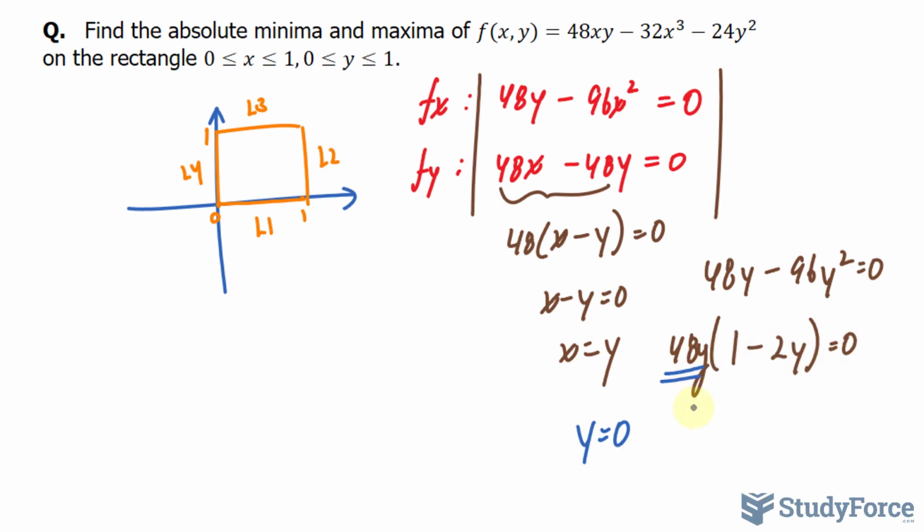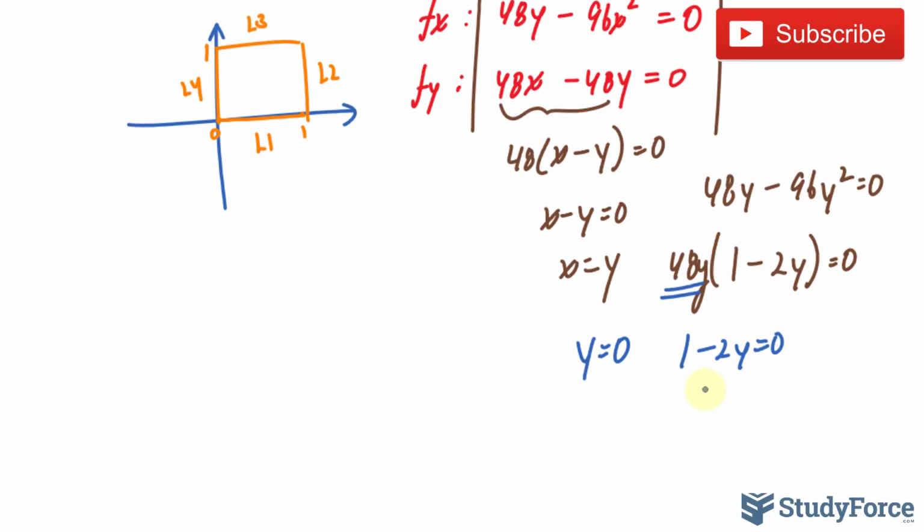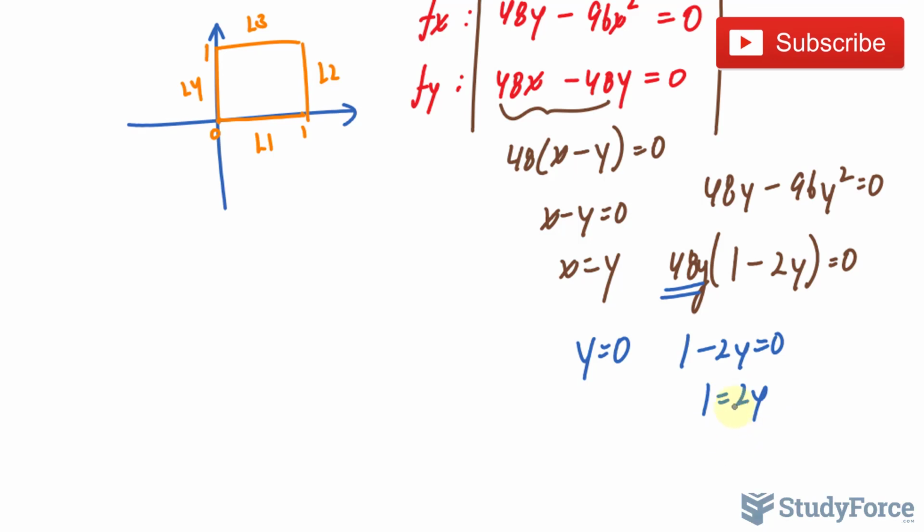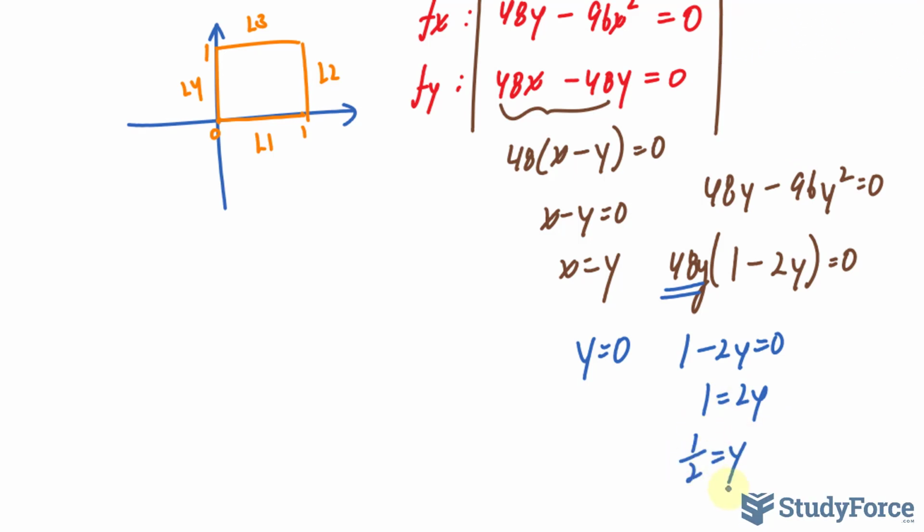And setting the other factor equal to 0, I get 1 minus 2y is equal to 0, so 1 is equal to 2y. Dividing both sides by 2, we have 1 over 2 as another y coordinate. Substituting this into x, I get two critical points at (0, 0) and (1/2, 1/2).